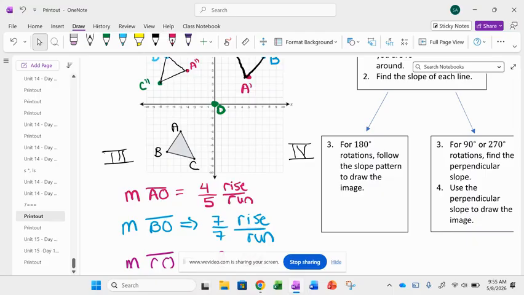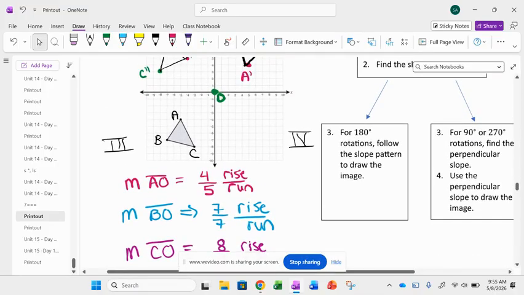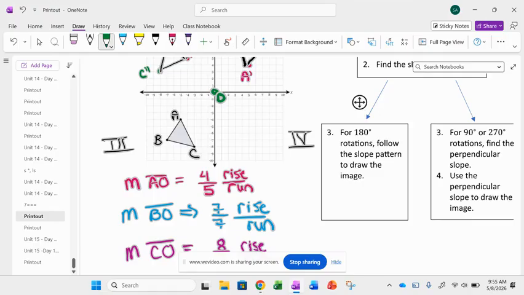And again, we're going to use the perpendicular slope. So for 90 and 270, we use the perpendicular slope. For 180, we use the same slope. So we already have our perpendicular slopes. The perpendicular slope of AO was negative 5 over 4. And to get to 90 degrees, we went up 5, left 4 to get to quadrant 2.